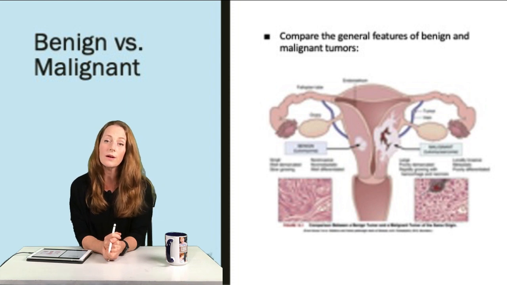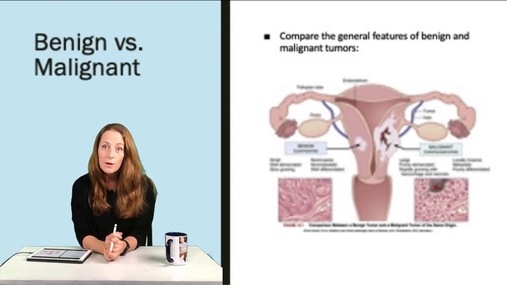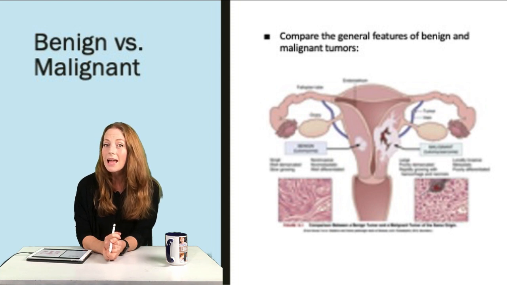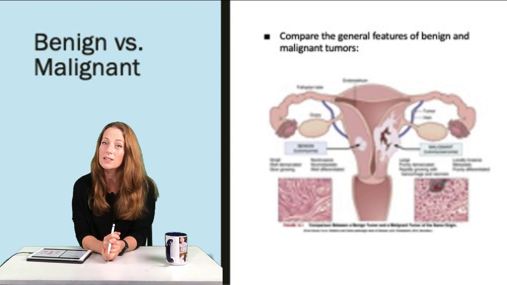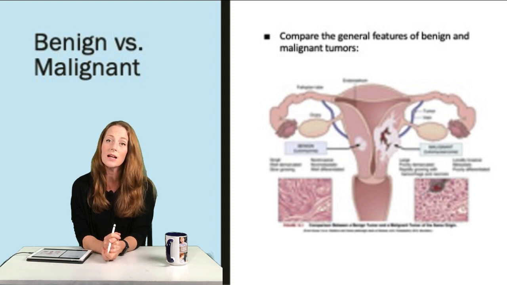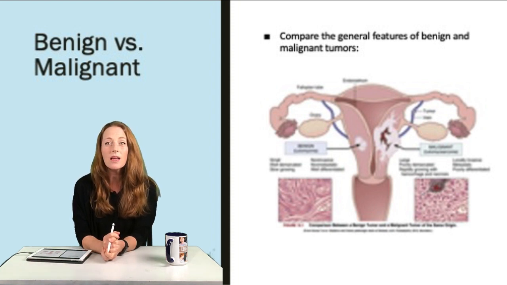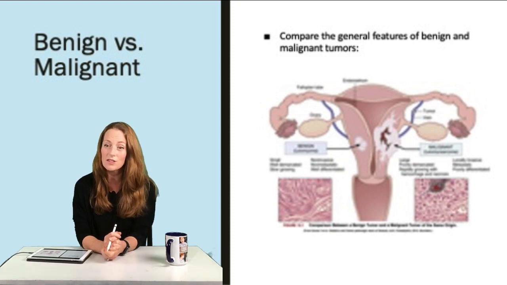In particular, notice that the benign tumor is slower growing, it's more encapsulated, and it's not spreading or invading the nearby tissue. Whereas the malignant tumor is getting larger, it's growing faster, and it's starting to become very irregular, spread and invade into the nearby tissues.